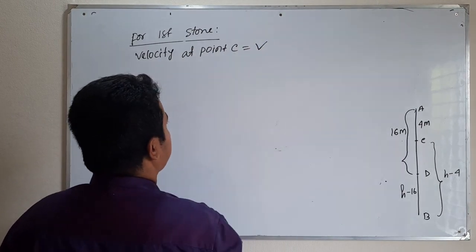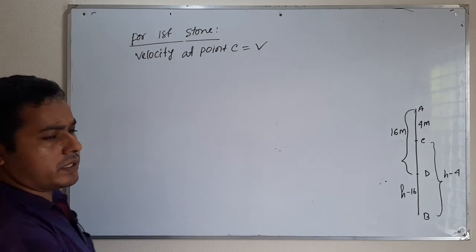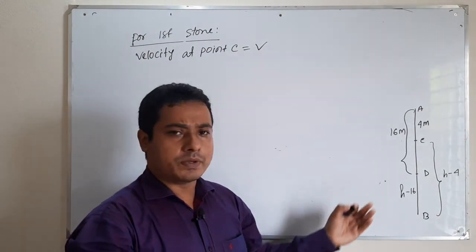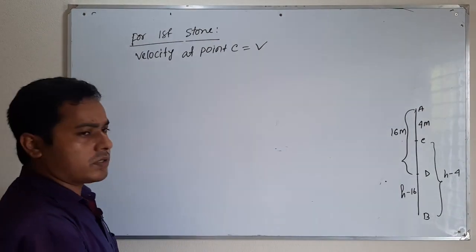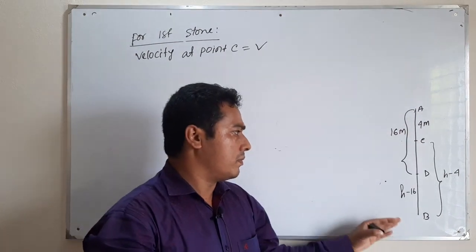Initial velocity is 0 because both stones fall from the rest position.